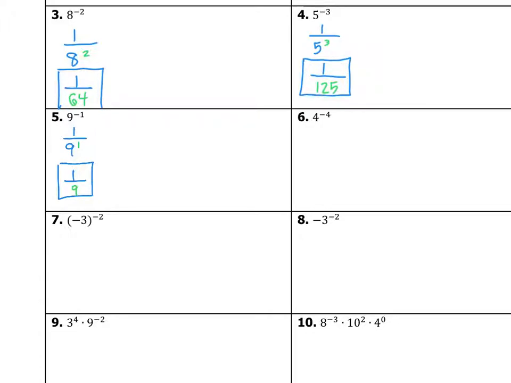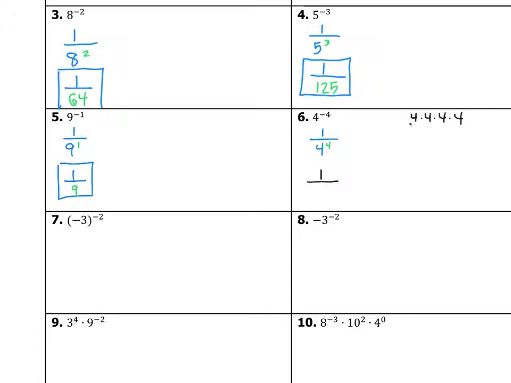Number 6, 4 to the negative fourth power. I rewrite this as 1 over 4 to the positive fourth power. And 4 to the fourth power, remember, is 4 times 4 times 4 times 4. You can use a calculator for that if you need to. Let's go off to the side and take a look at that.